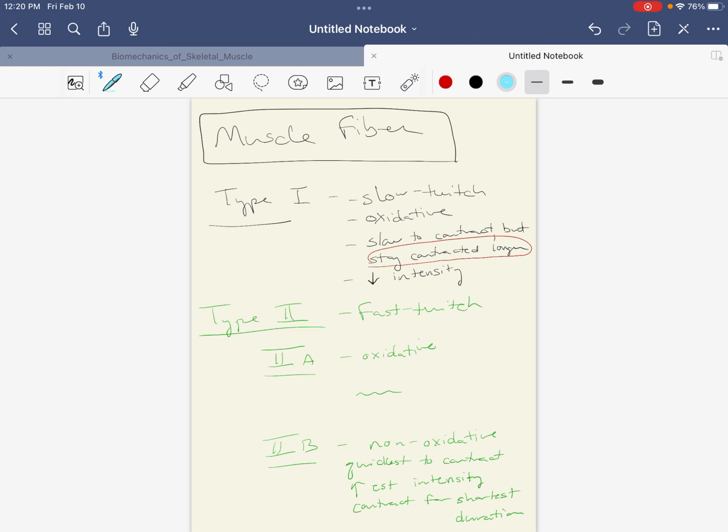So every muscle has some of all three, but we can give examples where there's more of one or the other. A postural muscle, like your rectus abdominis, is going to have more type 1 muscle fibers because it's going to contract at a slightly lower intensity but stay contracted for longer to help you maintain your posture and stand upright.